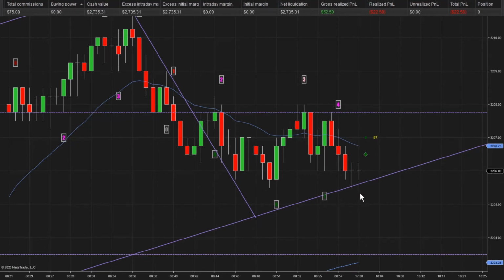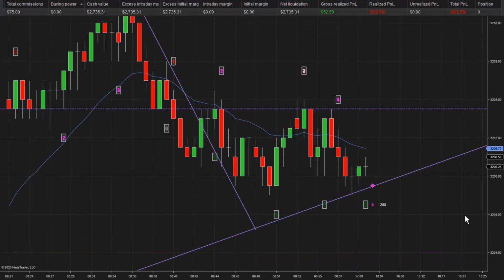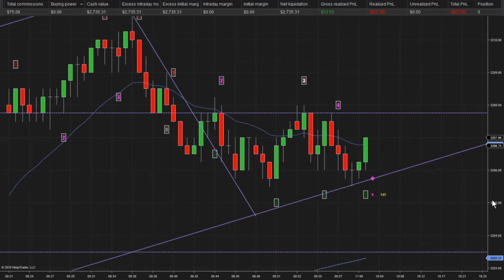So how is this a two-legged pullback? A, B, C. A, a high, first pullback, lower high, the count continues, second pullback, second entry. As you see, it just hit, and we'll see if it's a good entry. It looks pretty good.